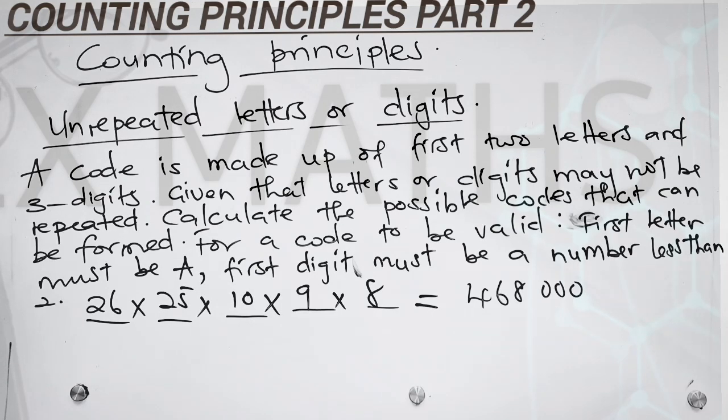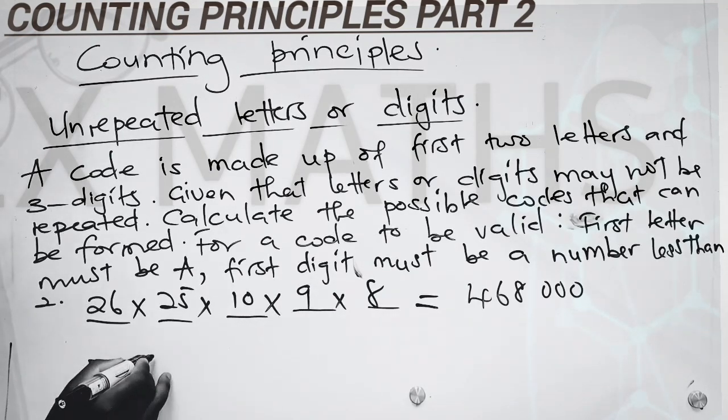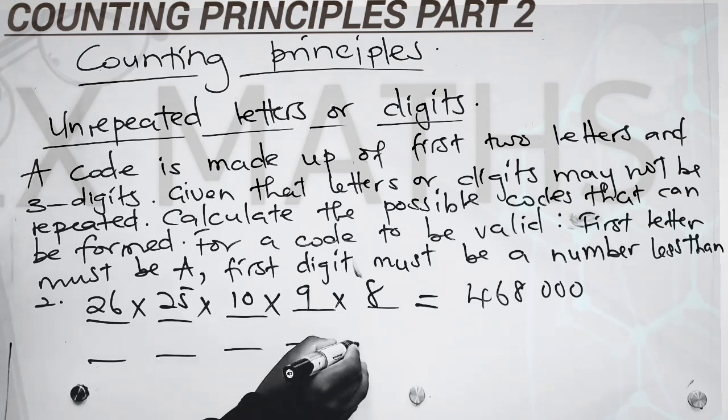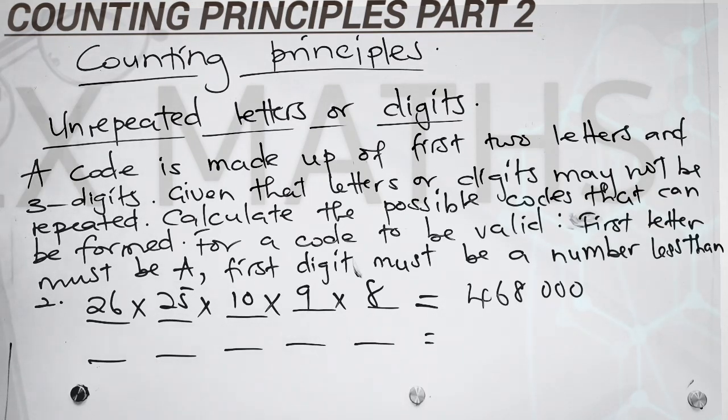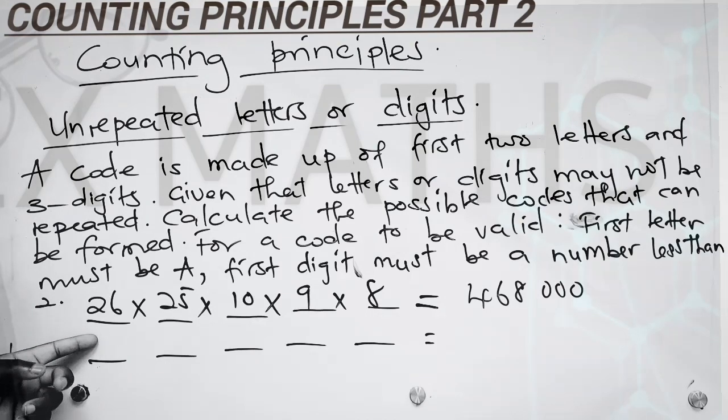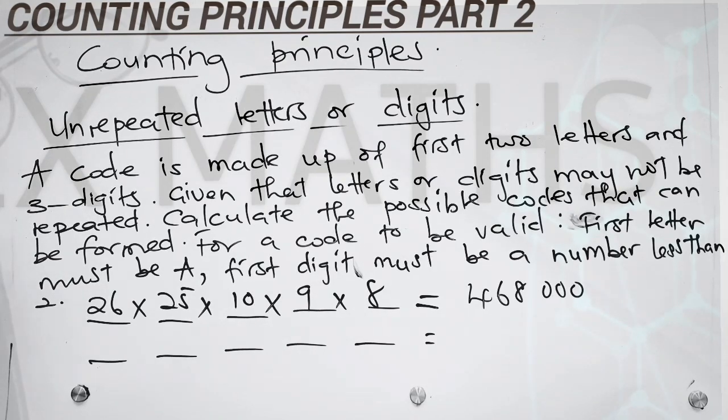Then they said for a code to be valid, the first letter must be A, and the first digit must be a number less than 2. So now I want to see how many valid codes can be formed. The first position must be a letter, and the letter must be A. We only have one A in our alphabet, so I am arranging 1.